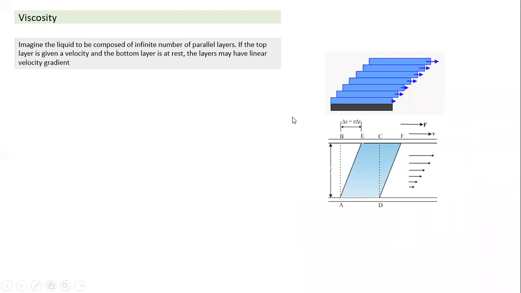Then we move on to one more property of liquid called viscosity. Viscosity is something similar to friction force. You can think of a liquid composed of an infinite number of parallel layers. So we have a liquid of certain thickness, and the whole liquid we think of as several small parallel layers, just like your book.